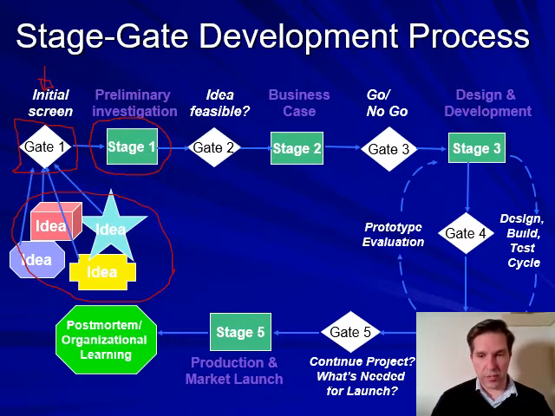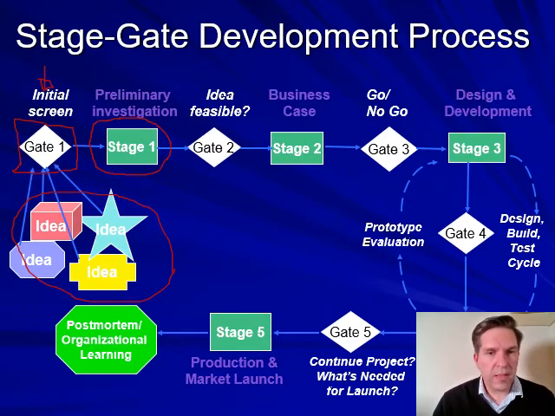So maybe you need to look into what else is in the marketplace to make sure that nobody else is doing exactly the same thing that you're thinking about, or something very similar, right? Or it may be that you need to look into some patents that some companies hold that might make your world difficult in this stage, right? And then after that, you're going to have another set of people. It could be the same or different, depending on how you want to organize.